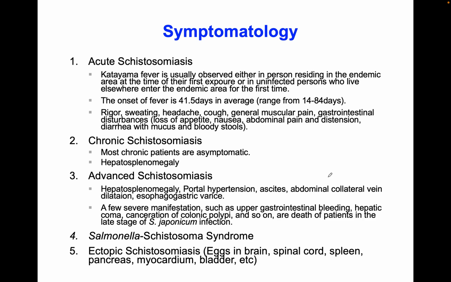And then there's advanced schistosomiasis, where the enlargement of the spleen continues, and then there's portal hypertension, ascites, abdominal collateral vein dilatation, and esophagogastric varices, and then a few severe manifestations such as upper gastrointestinal bleeding, etc. Also there might be sudden death of patients at the late stage.